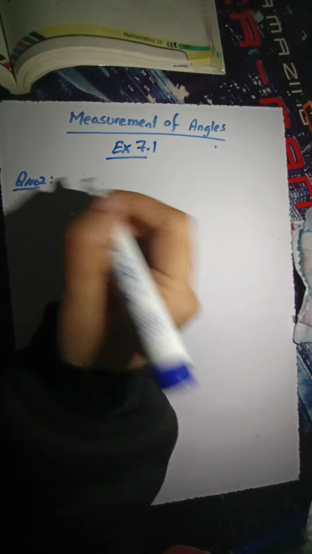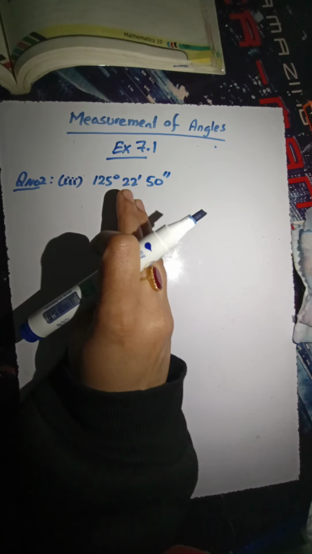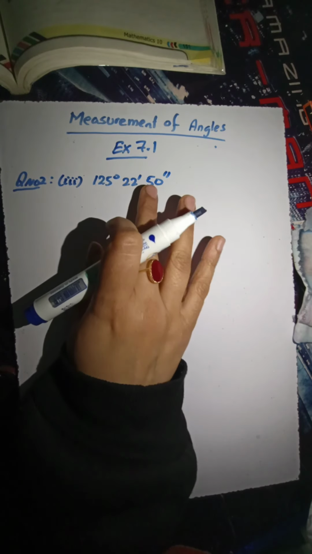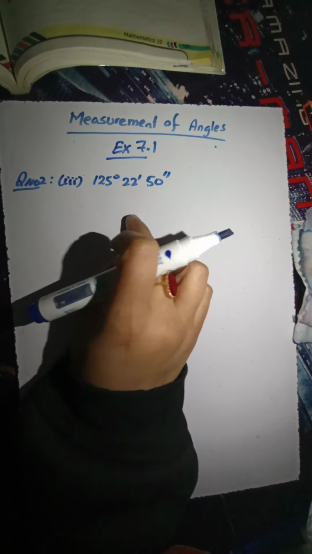It means that it has 125 full degrees, and then it has covered 22 more minutes, and then 50 divisions of the next minute. For example, this is the angle, which should be obtuse.